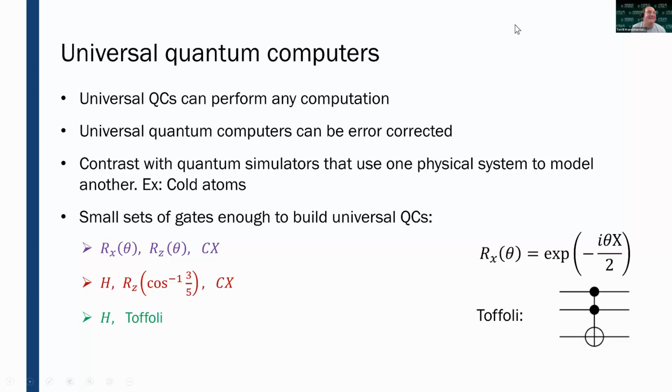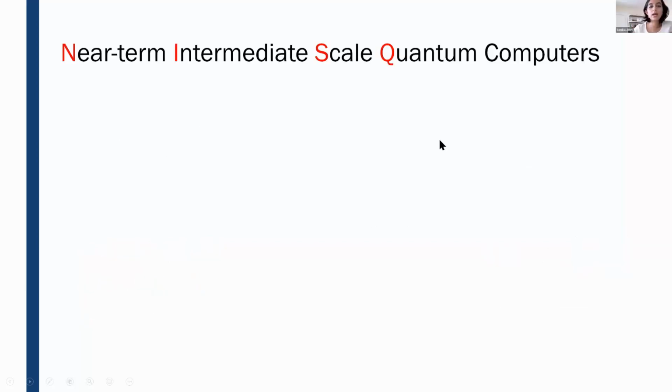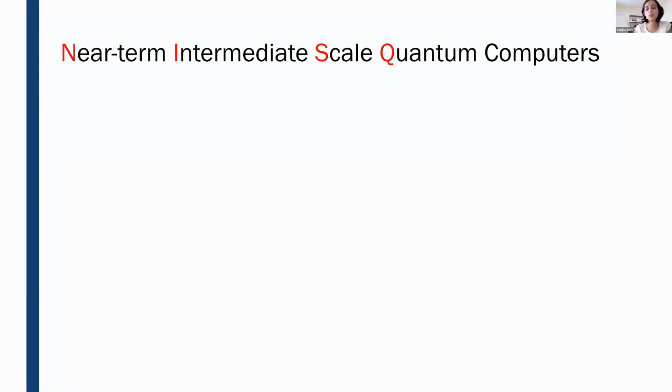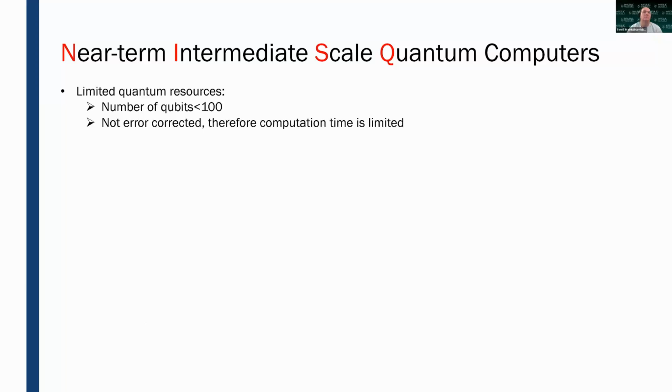Let's move on to talking about NISQ computers. This is a popular term recently, and it stands for near-term intermediate scale quantum computers. There's no formal definition, but in general, what people mean is, first of all, it's intermediate scale, so you have limited quantum resources.